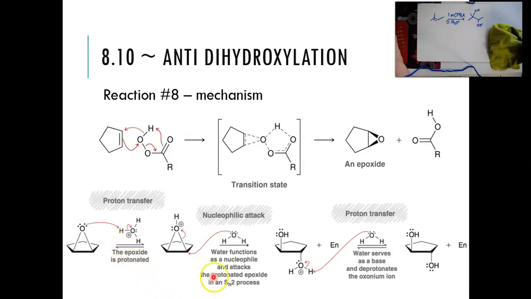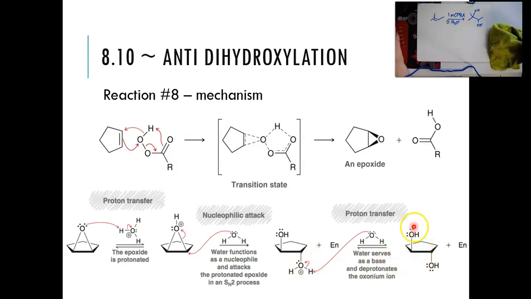And then in our next step, we're going to do a nucleophilic attack. So we're going to take our water, we're going to do a nucleophilic attack on one of those carbons, and then we are going to open up that bond there. So we are breaking the bond between the oxygen and one of those carbons. Because we're using water as our nucleophile, we do need to remove that extra hydrogen. So we've seen this a couple times now. We're going to take off that hydrogen and break the bond to that oxygen.